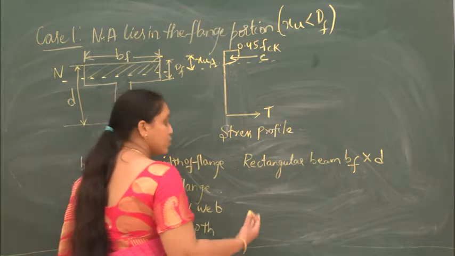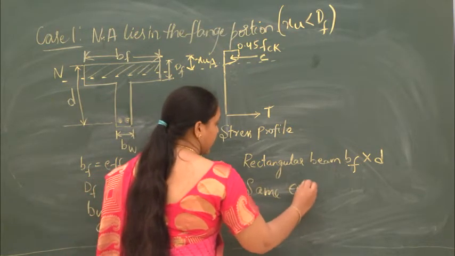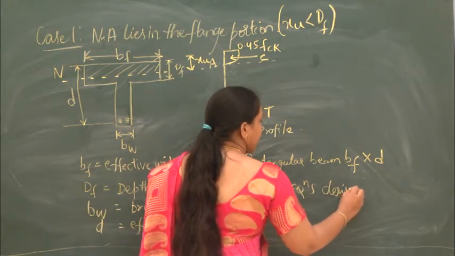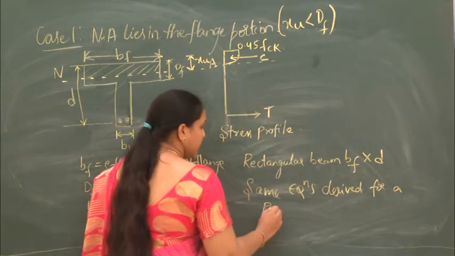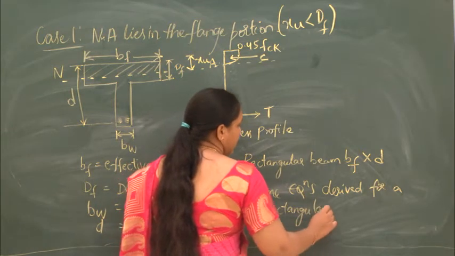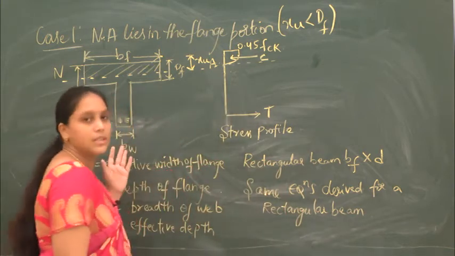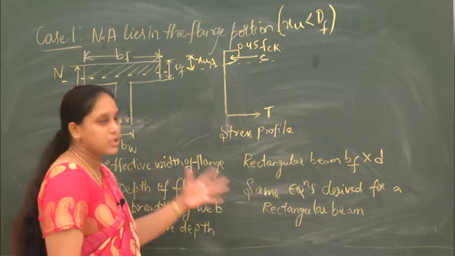We are going to use the same equations we have derived for a rectangular beam. If the T section is singly reinforced, it is now considered as a singly reinforced rectangular beam.